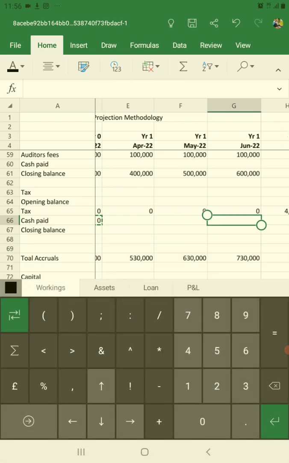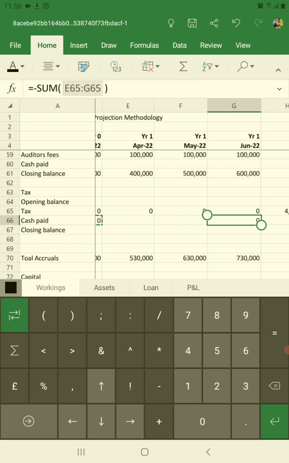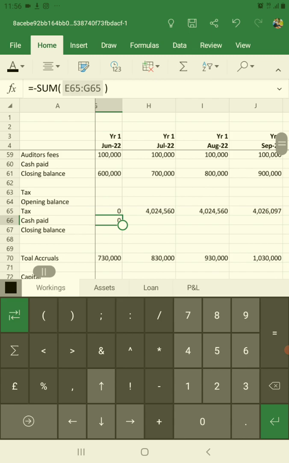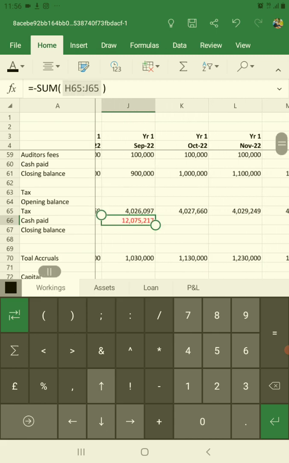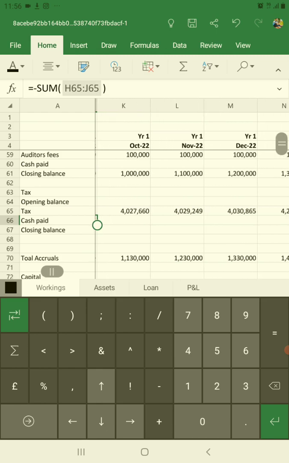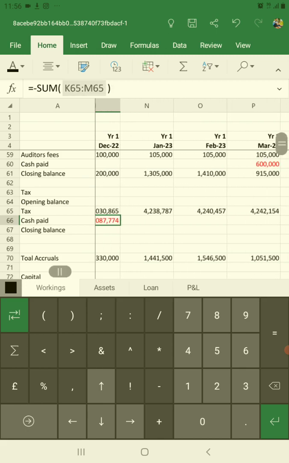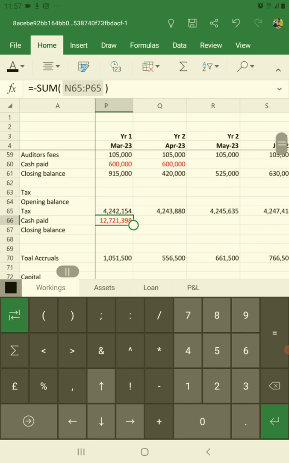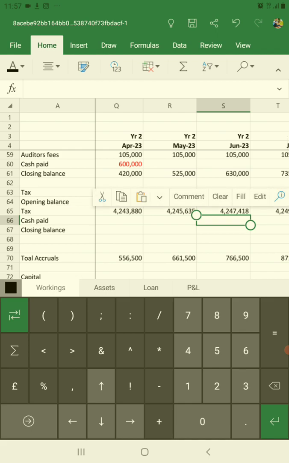So here at June, I tap to paste, and then July, August, September, I tap to paste, October, November, December, here I tap to paste, January, February, March, I tap to paste, April, May, June, here I tap to paste.